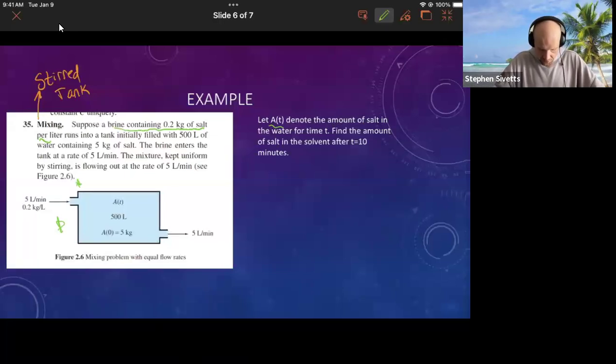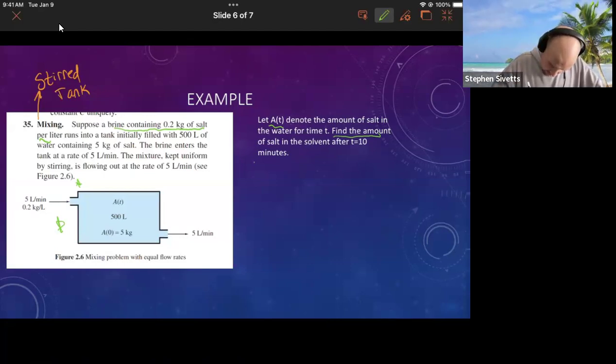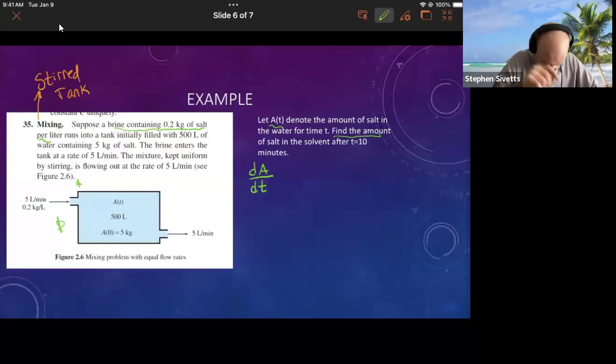Okay, so the objective here is we want to figure out the amount of salt in the solvent. The solvent is just the mixture, right? After 10 minutes of mixing. Okay, so what a mixing problem is, we want to look at the rate of change of the amount of salt in the solvent with respect to time, right?